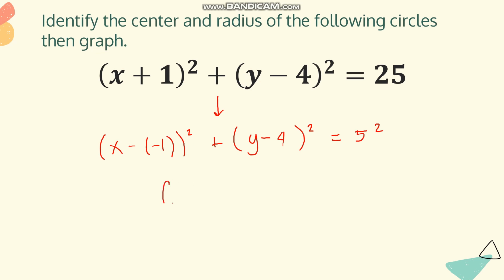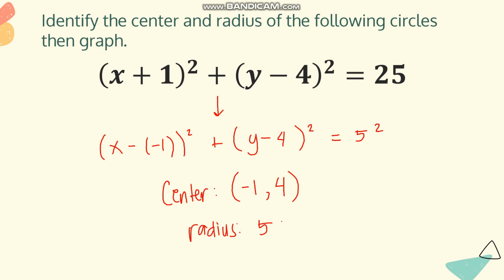So obviously, we now have negative 1 as the h, and for k, we have 4. And for the radius, we have 5. So from the equation, we can see that the center is (negative 1, 4) and the radius is 5.